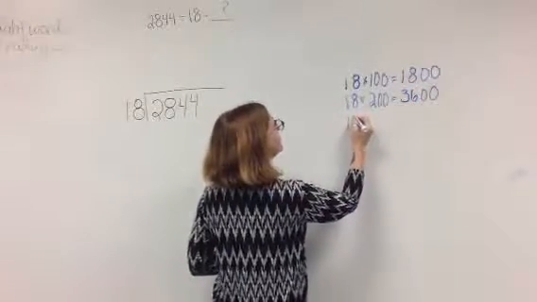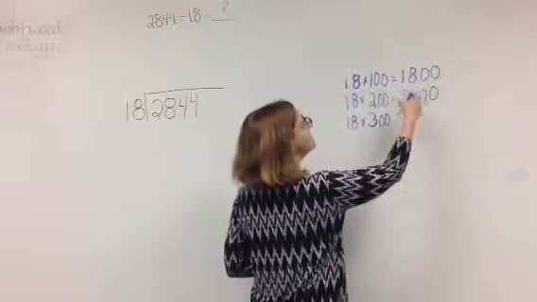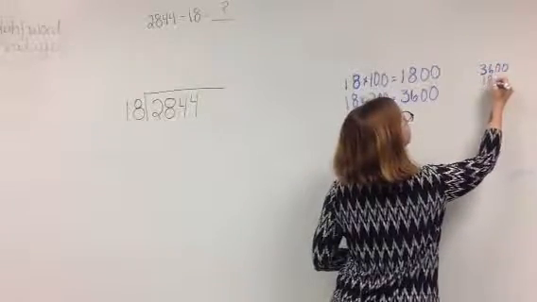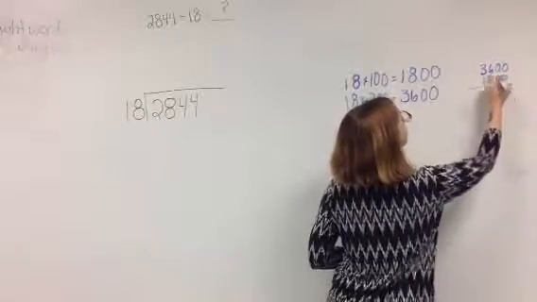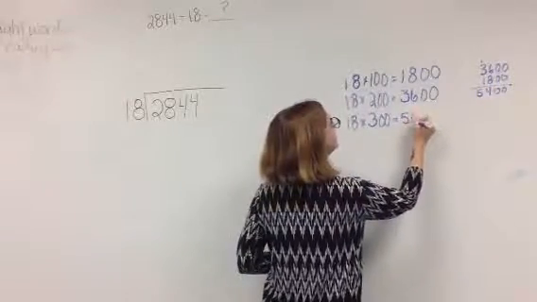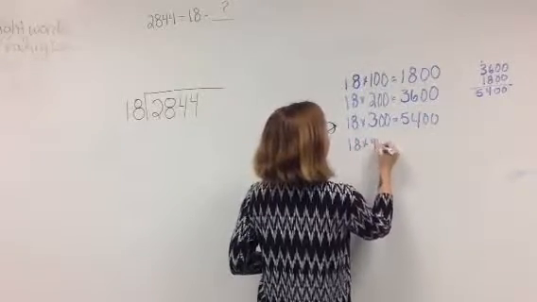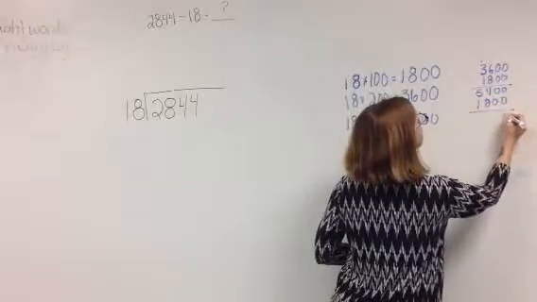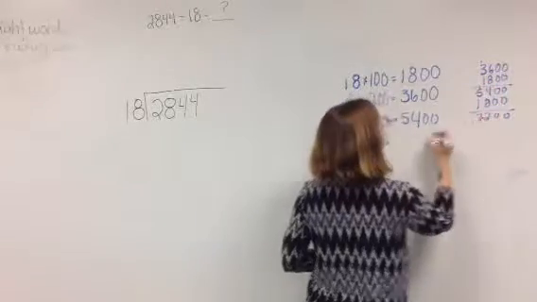Then I'm going to do my 300s, 18 times 300, and I'm just going to add 3,600 plus 1,800, and I get 5,400. 18 times 400, I'm going to add another 1,800, 7,200.